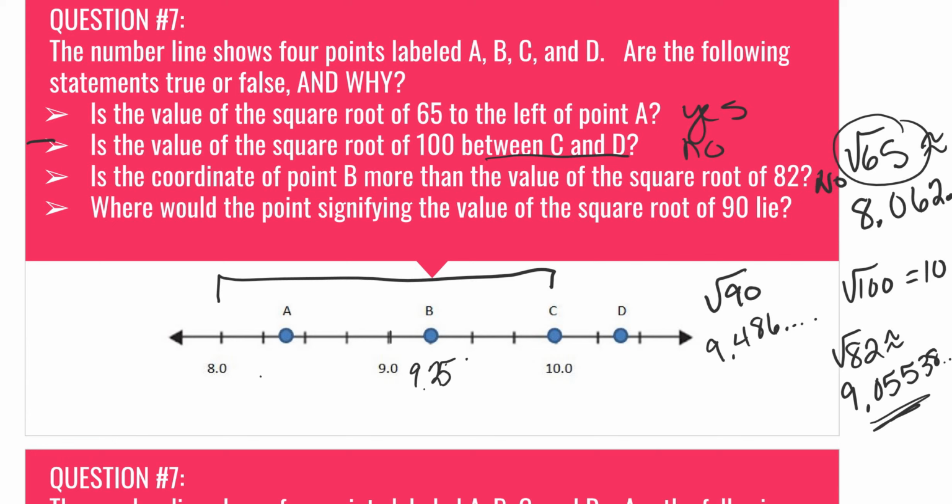Well, this right here is 9.5, and this is 9.75. So I would say the square root of 90 is going to be pretty close to right here. And I'm going to draw an arrow. Okay? All right. Well, that takes care of question number 7. Please make sure you do number 7 on your paper.